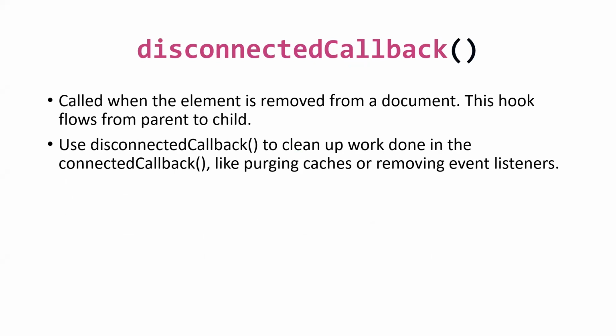Use disconnected callback to clean up work done in the connected callback, like purging caches or removing event listeners. So how can we check disconnected callback in the DOM? Let's check the LWC.